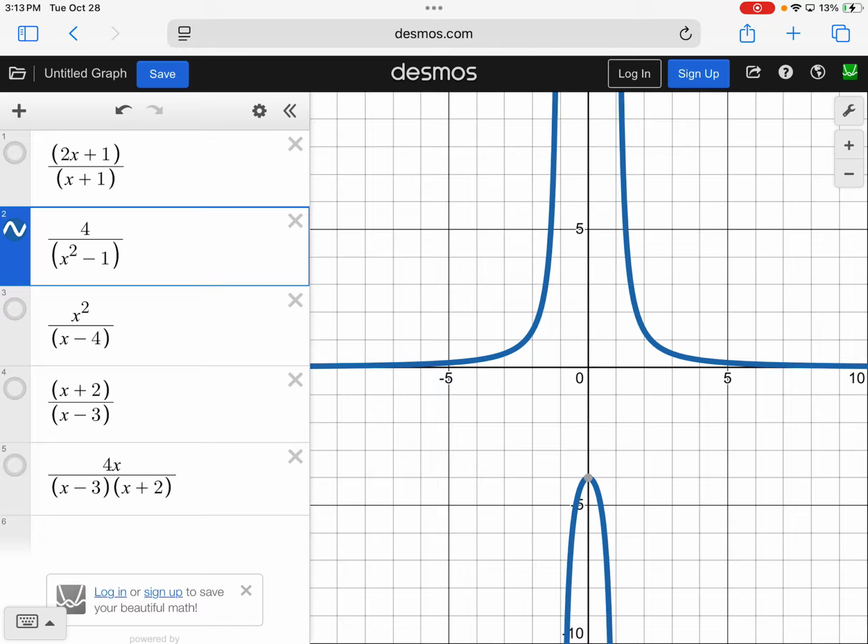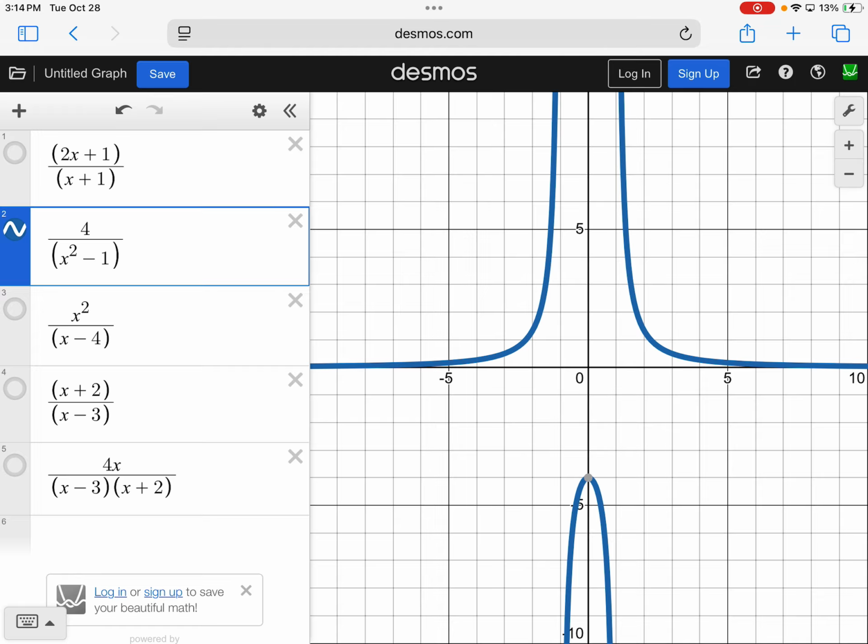The degree. Okay, so our degree is different. On our first one, we had x's where? Top and bottom, and they were the same. I had just an x on both of them. On my second one, do I have an x on top? No.